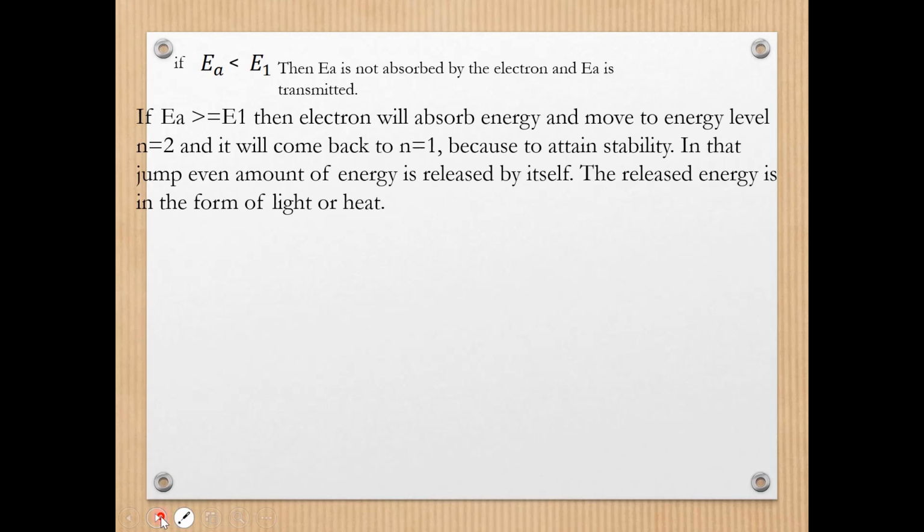The released energy is in the form of light or heat. You can distinguish how these terms relate to direct band gap and indirect band gap after the formation of the band diagram, and I will explain the direct and indirect band gap in the subsequent classes.